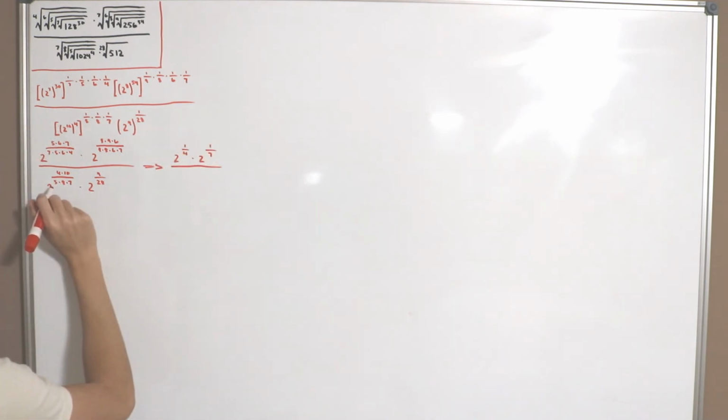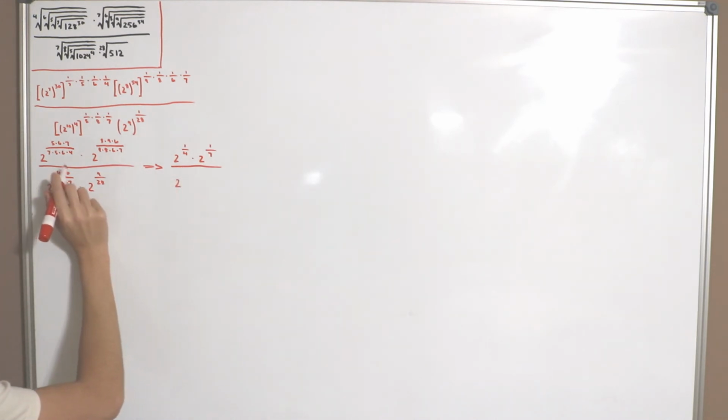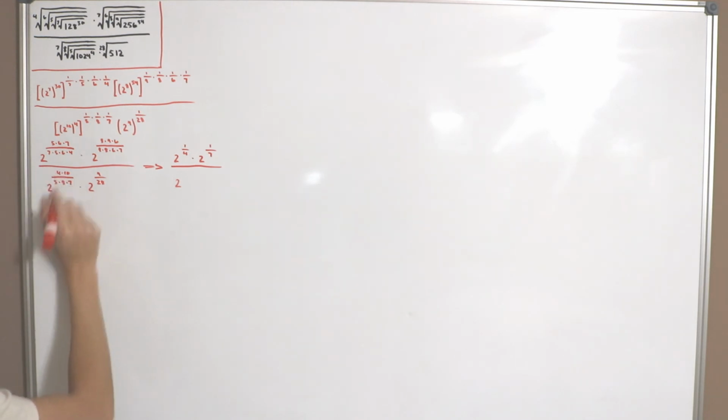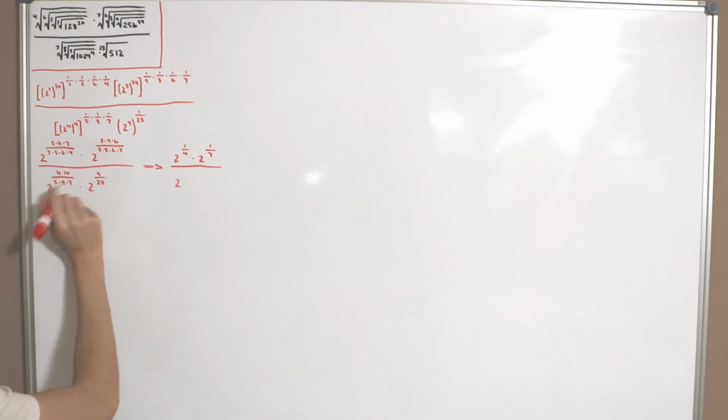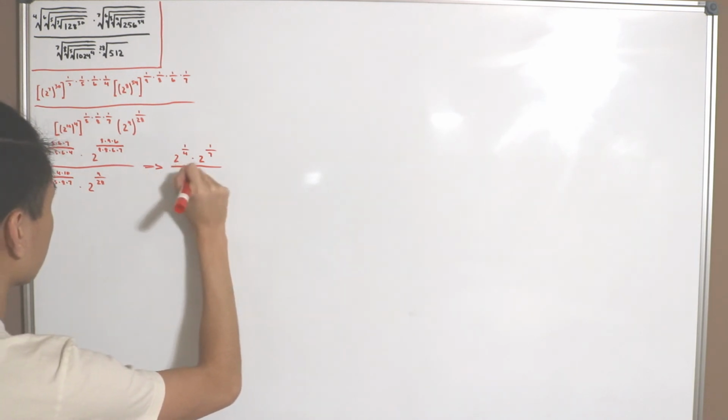Okay, and then from here, we have that this is 2 to the power, 4 times 10 is 40, 5 times 8 is 40, and then times 7. So we have 40 here and then 40 times 7. So the 40s cancel out from top and bottom, and then we'll get 1 over 7.